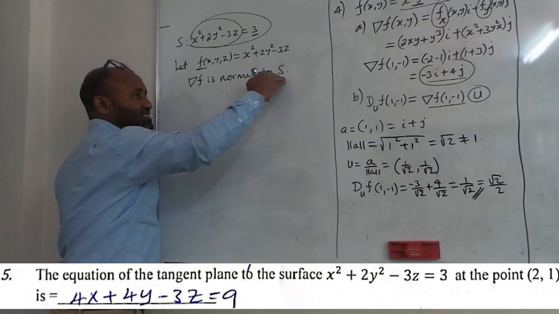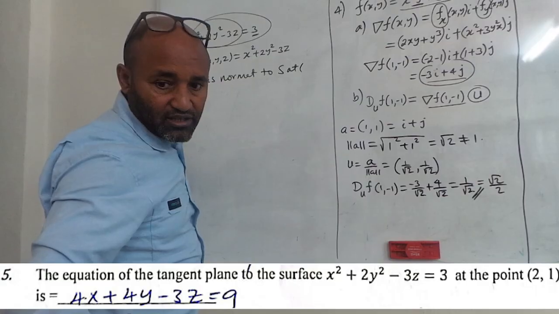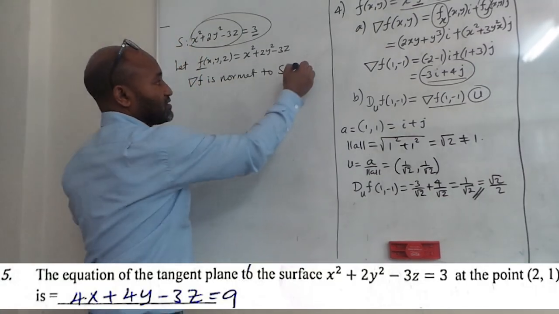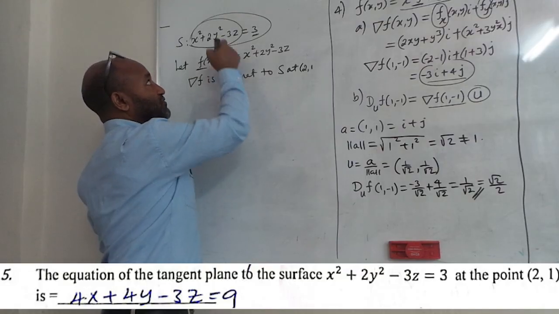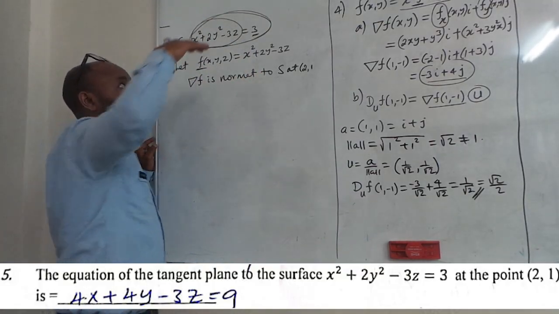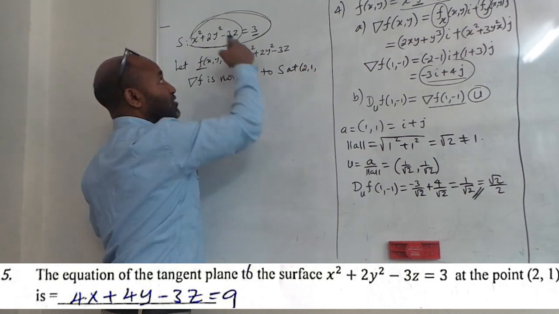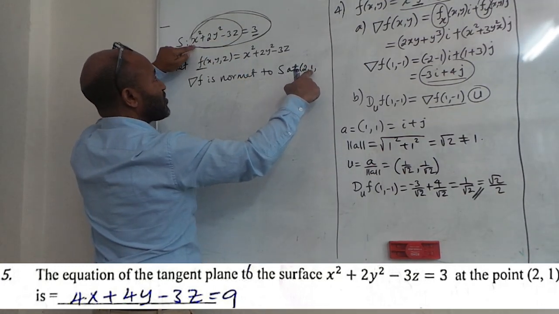And for this surface, at the given point, it says 2 comma 1. But it is a 3 variable function. So from this equation, on this surface, we need the third component, because in the equation x is 2, y is 1.